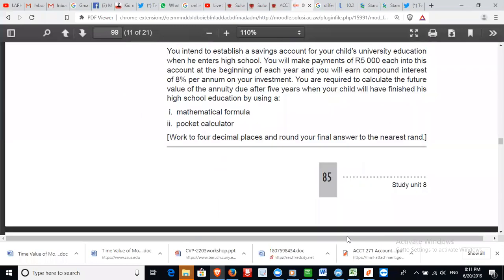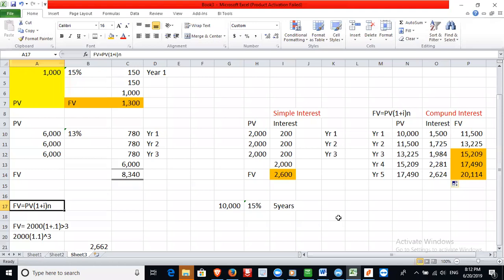We said the formula for future value is FV equals PV times (1 plus I) to the power n.